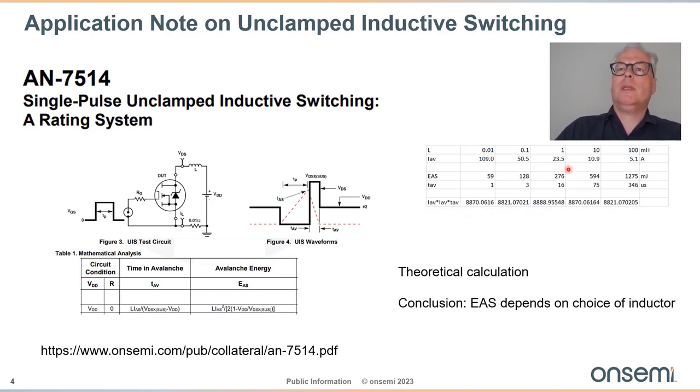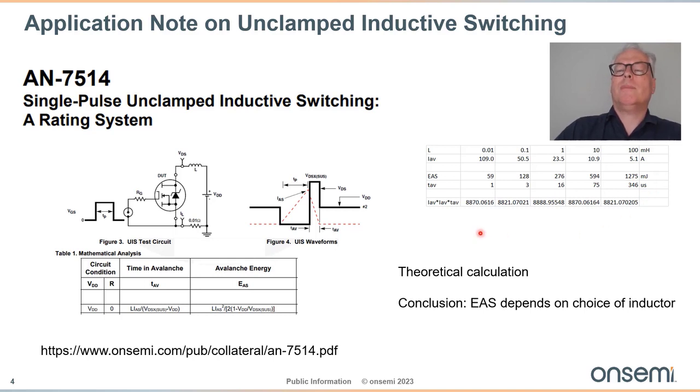So what we see is we can change the avalanche energy depending on what inductor value we choose. So this EAS is 59 millijoules, which looks very poor. That's if we use a very low inductor. If we want to make our part look good, we can use a large inductor value. 100 millihenries, for example, will give 1.2 millijoules. Makes it look good.